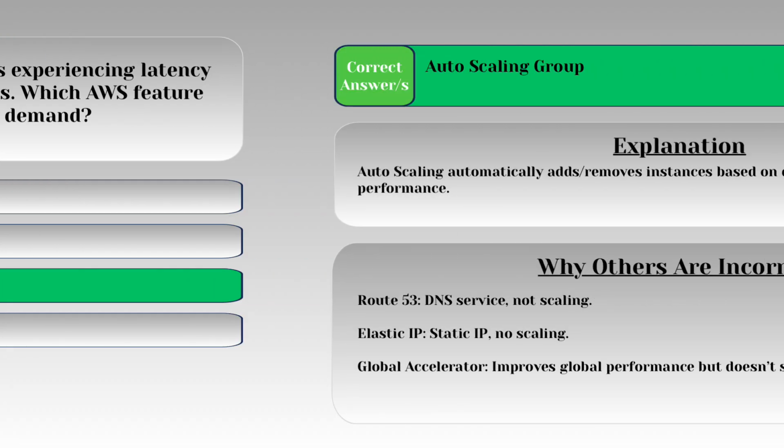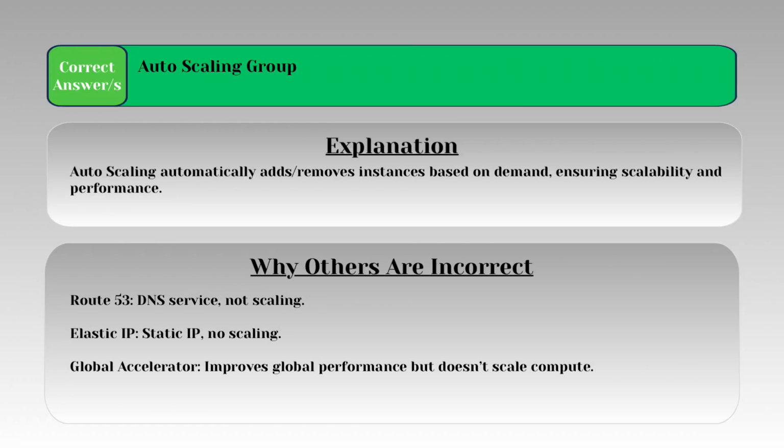Explanation. Auto Scaling automatically adds/removes instances based on demand, ensuring scalability and performance. Why others are incorrect? Route 53, DNS service, not scaling. Elastic IP, static IP, no scaling. Global Accelerator, improves global performance but doesn't scale compute.